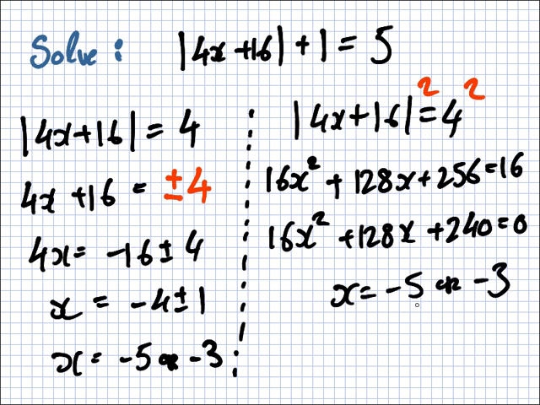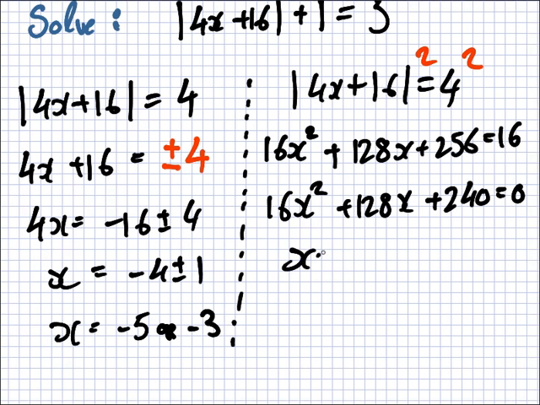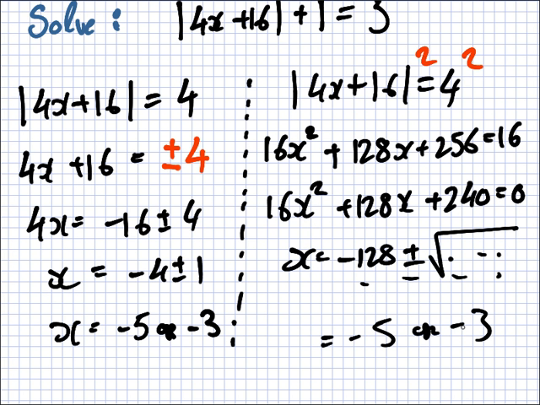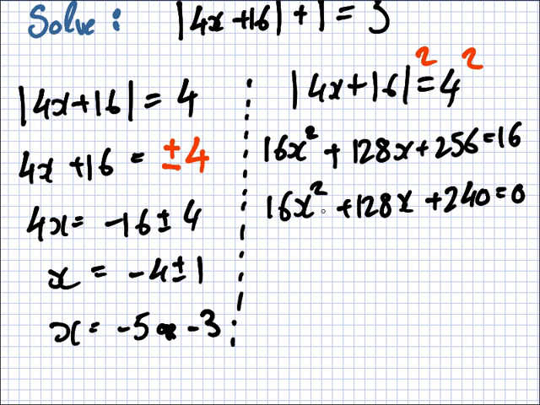But it's all, I did it in my head. No, it's easy. It's just x equals -128 plus or minus square root, and you get -4 or -3. I don't believe you. You should believe me. We can simplify. Of course we can. We can divide by 16.